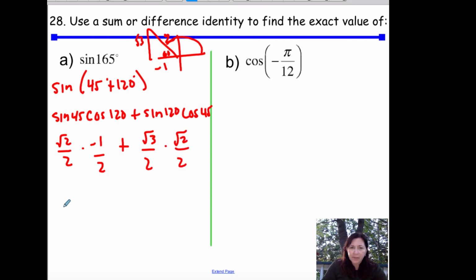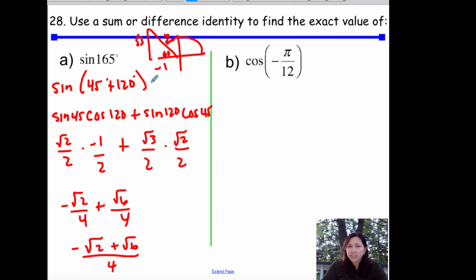So this becomes negative root 2 over 4 plus root 6 over 4, which you can simplify only to negative root 2 plus root 6 all over 4. And just to check, if you were to use your calculator on the top here, you would get approximately 0.2588.